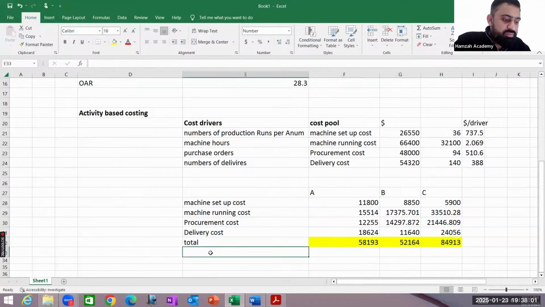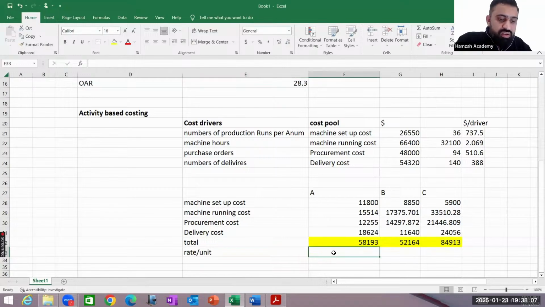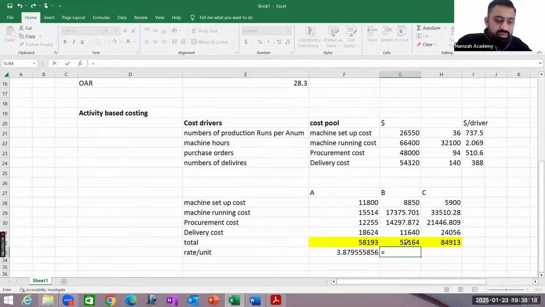Now you need a rate per unit. For A, it will be 58,193 divided by 15,000. For B, divided by 12,000. And for C, divided by 18,000.